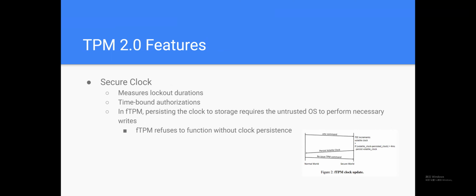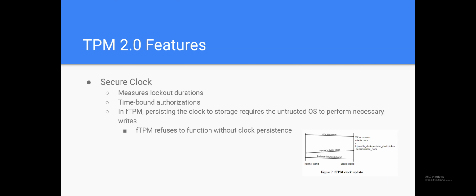Some of the other TPM 2.0 specifications that have been included are the secure clock. The secure clock measures lockout durations, which is when a TPM refuses service. This is a necessary implementation because, for example, there may be keys that need to be valid for an hour, which is one of the use cases that the secure clock provides.